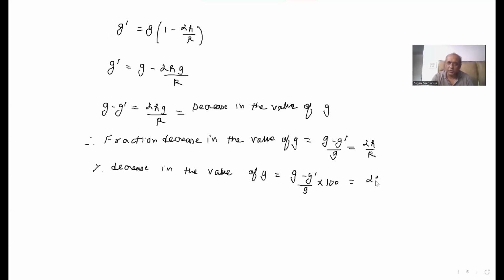That means 2H by R into 100 will give you the percentage decrease in the value of G.